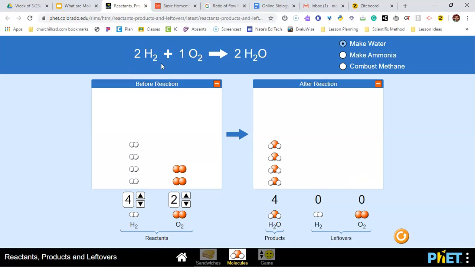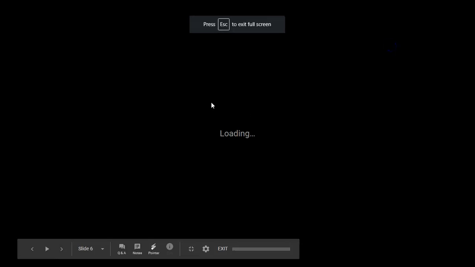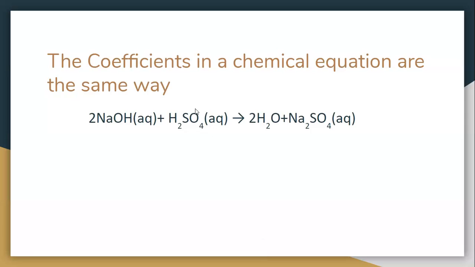So the coefficients up here are the same way. I need 2 pieces of bread and 1 piece of cheese to make a sandwich. Here I need 2 H2 molecules and 1 O2 molecule to make water. And if we come here, okay, so this is sodium hydroxide and sulfuric acid reacting together to make water and sodium sulfate.